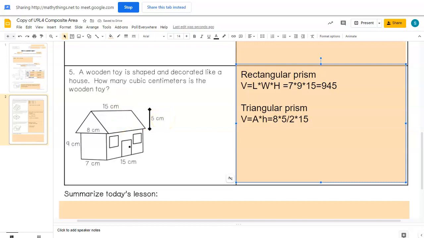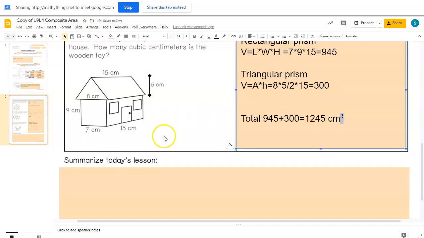So we've got 20 times 15, and this part equals 300. So our total is 945 plus 300, which equals 1245 centimeters cubed. So that's 1,245 cubic centimeters.